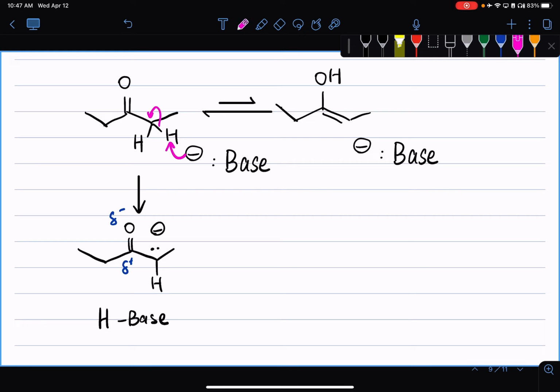So you can easily imagine this lone pair attacking the partial positive charge of the carbonyl carbon, and the electrons in the double bond are moving towards the oxygen. So this is like a nucleophilic addition to your double bond. But in this case, what we're actually having is the resonance structure of this carbonyl.